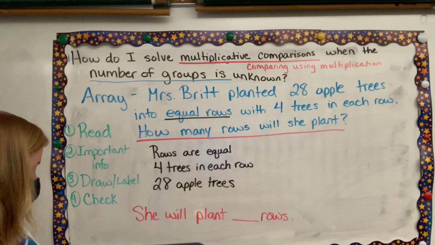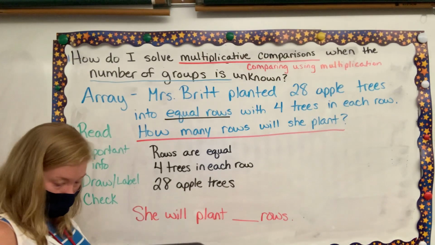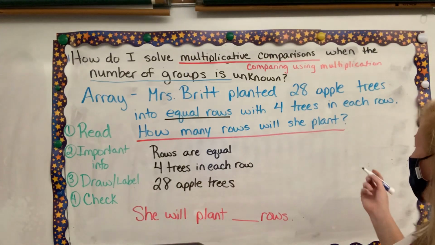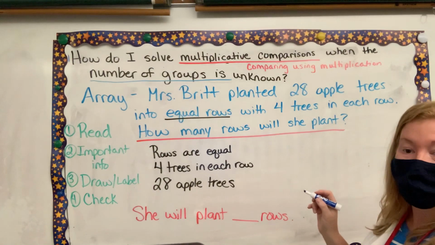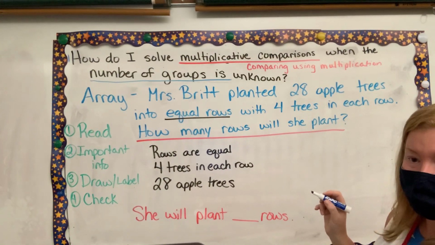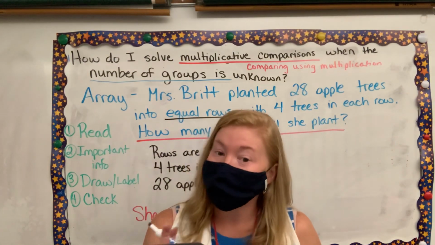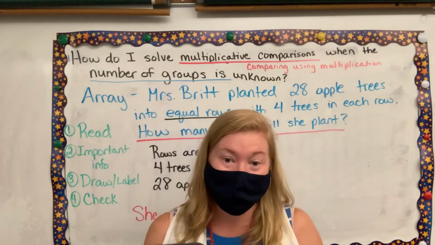Alden. You could make a line and say 4, and then make another line, which is 4, all the way until you're at 28. I love that. The only problem is it won't look like an actual array.